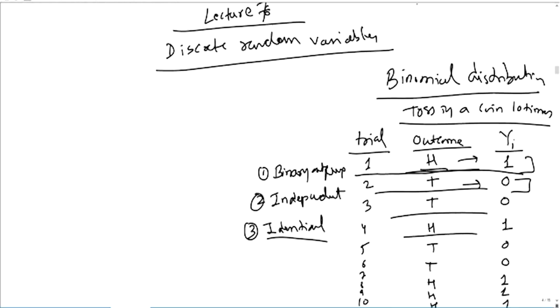So whenever you have such trials which have binary outcome, independent and identically distributed, they are called Bernoulli trials, okay?